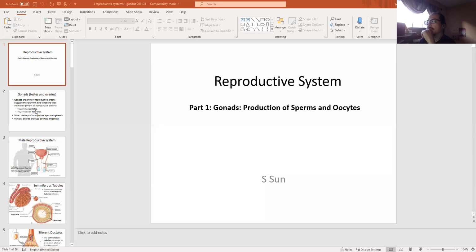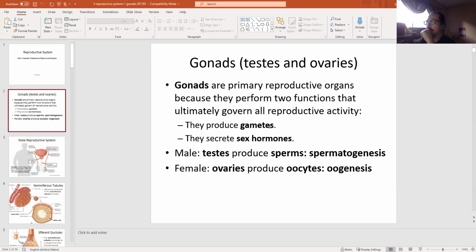So gonads are the reproductive organs in male and female. Their function is to produce gametes, sperm or oocytes, and sex hormone. The male gonads are the testes. The female gonads are the ovaries.